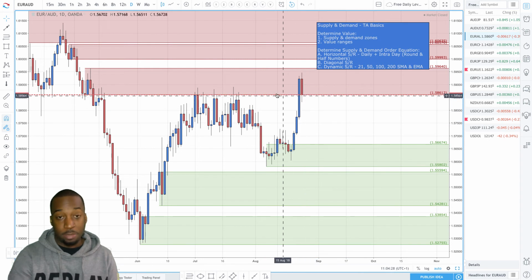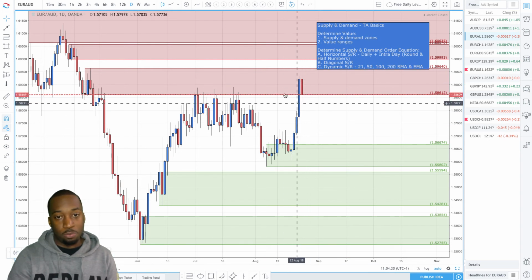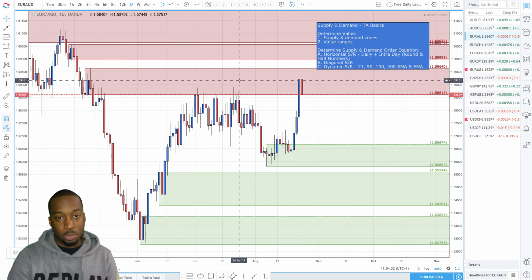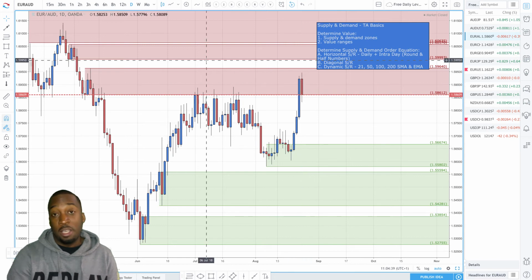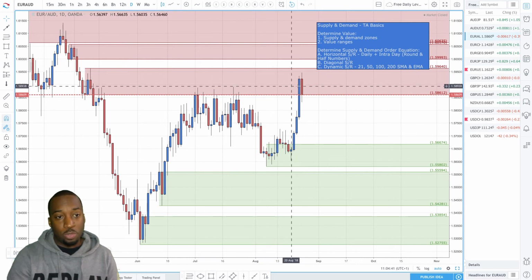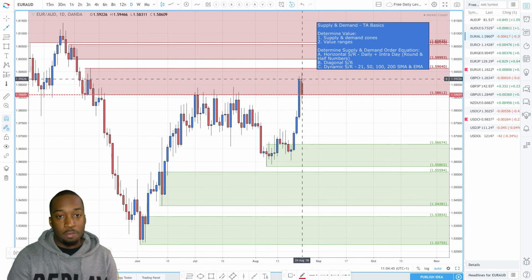Again, sentiment is really the driver of price and value, right? So, and fundamentals. So even though we get supply zones, it doesn't mean that price is going to react off of them if the market doesn't see that as potential value. So we have got a level right here where prices are reacting off of, and this is because, again, we got a bit of stability.